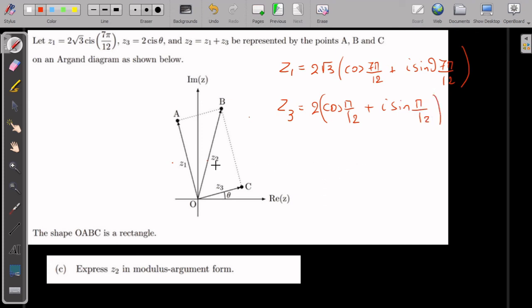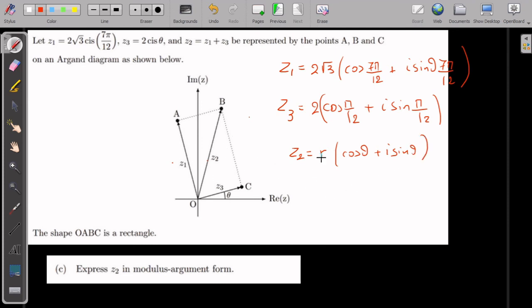First of all, Z2 will be R, the modulus of Z, times cos theta plus i sine theta.